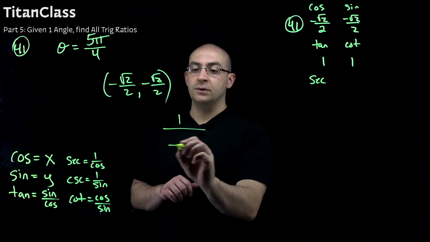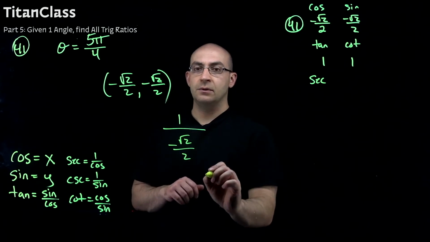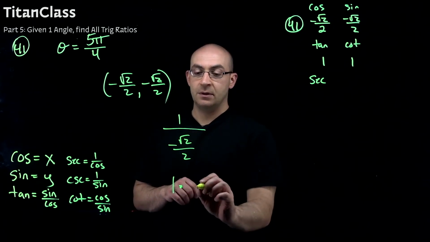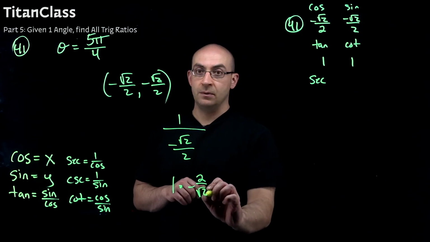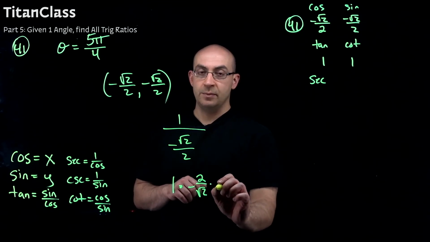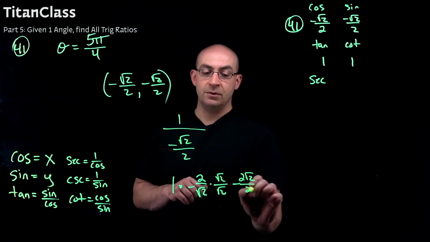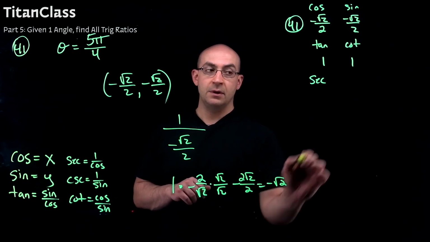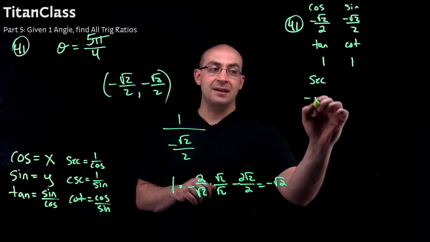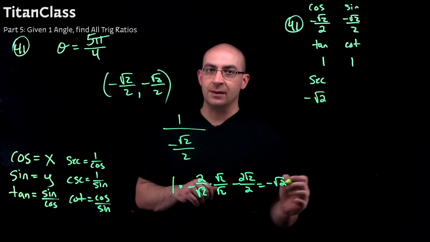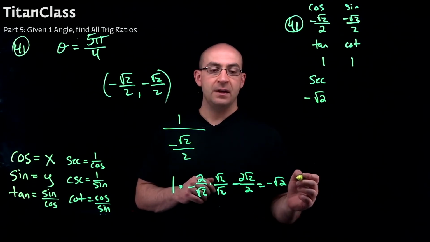So 1 over negative root 2 over 2, which is 1 times negative 2 over root 2, which is negative 2 root 2 over 2, which is negative root 2. So secant at this value is negative root 2, okay? A very odd number, but it certainly is there.